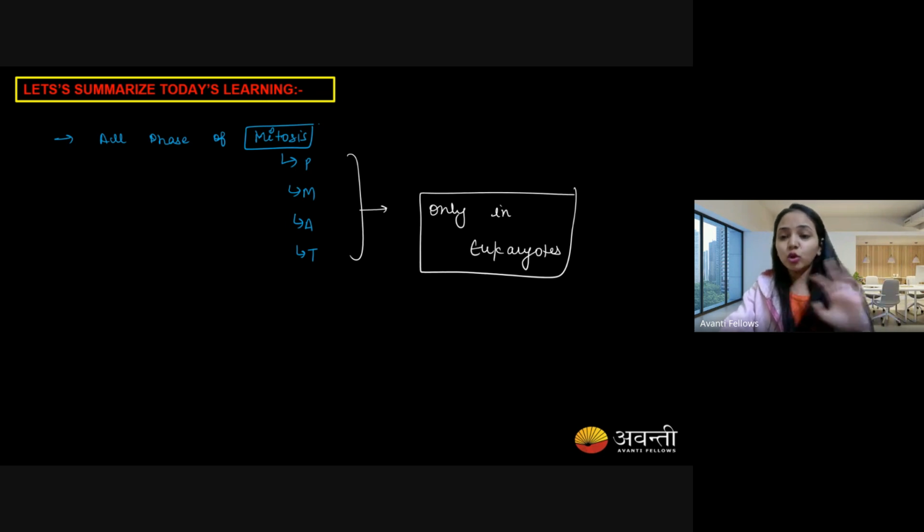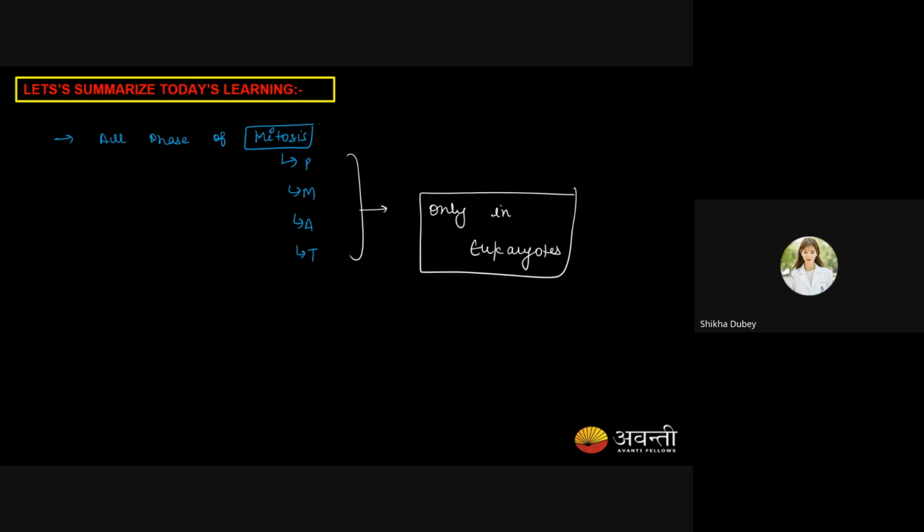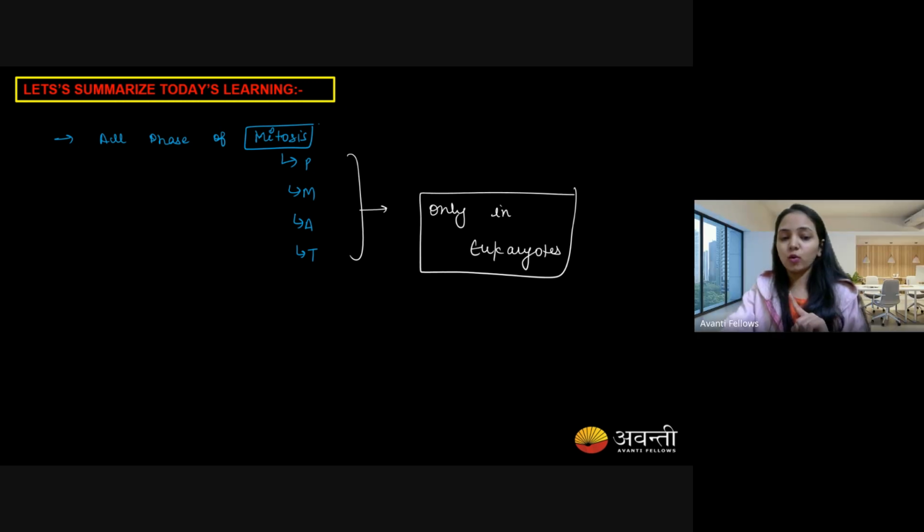There are no such phases in prokaryotes. In prokaryotes only divisions happen, like binary fission. We have learned binary fission and multiple fission in 10th class. So in prokaryotes only fission occurs. There is no mitosis or meiosis.